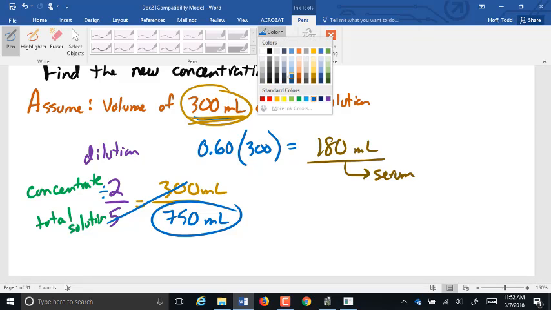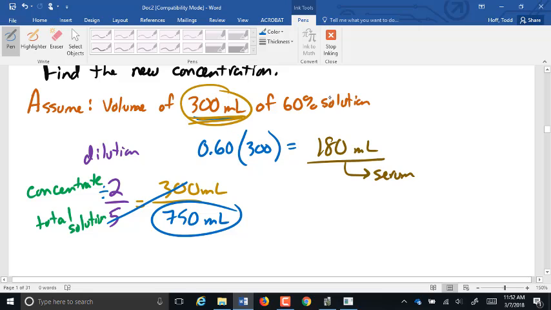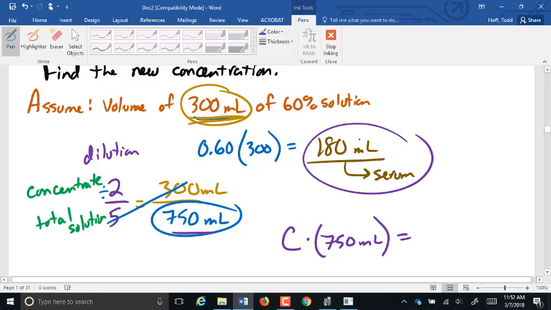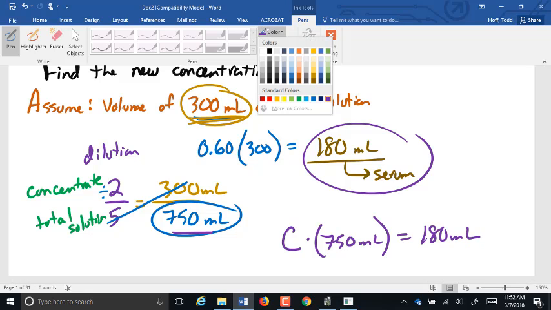So we can use that now to find the concentration. We have our new concentration, C or X or whatever you want to use, times that new volume of 750 milliliters equals, well, we still only have 180 milliliters of our active ingredient, of our serum here.